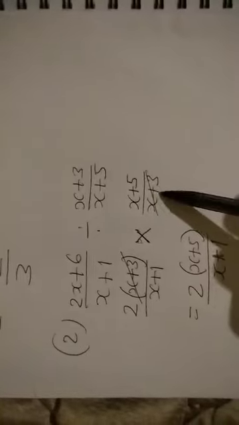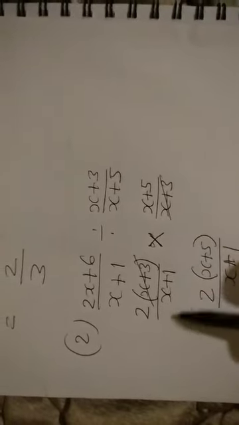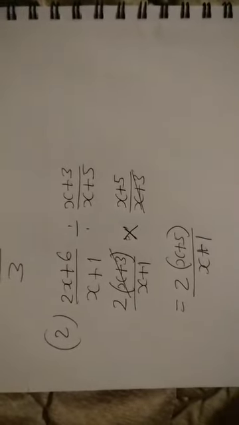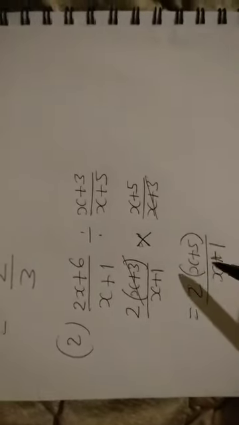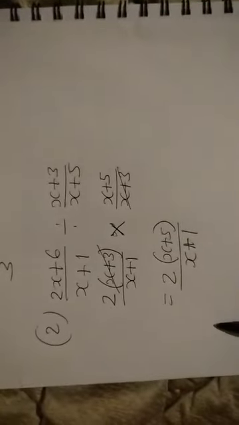X plus 5 takes the numerator position, then x plus 3 takes the denominator position, as you can see clearly here. And then from there, x plus 3 are common, and there's multiplication, no addition. So those two cancel out. And then from there, you have 2 into x plus 5, and then over x plus 1. Those are the parts that are left of the sum. So that's basically how it is done.